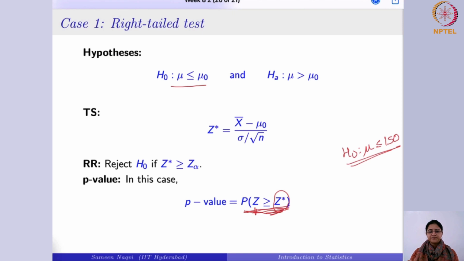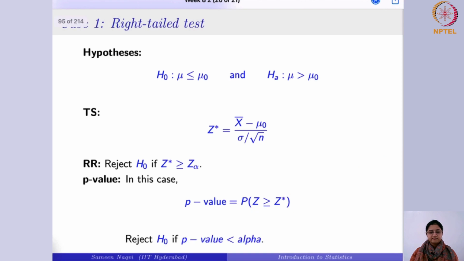So now if this probability is small, if the p-value that you have found is less than alpha, it suggests that such an extreme result is unlikely to occur under the null hypothesis.